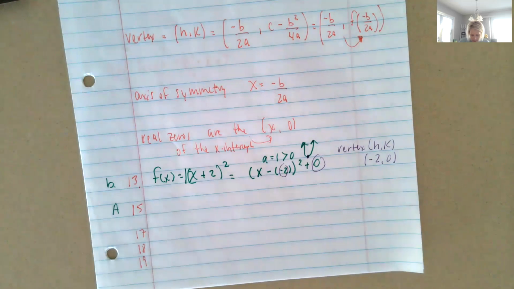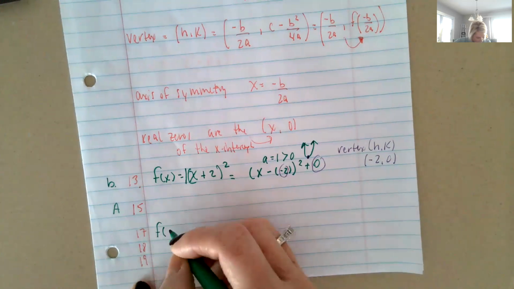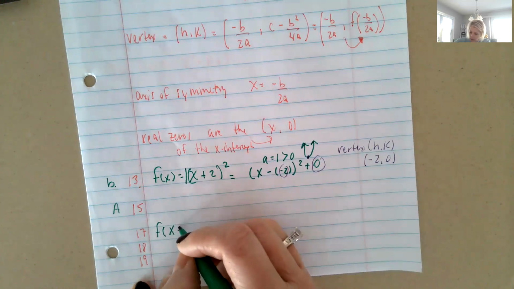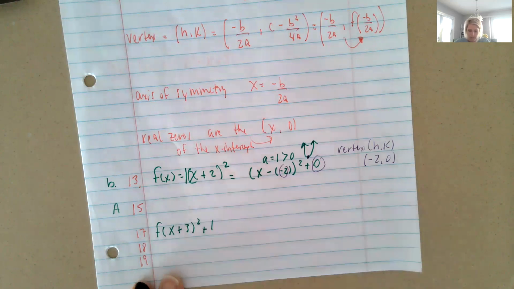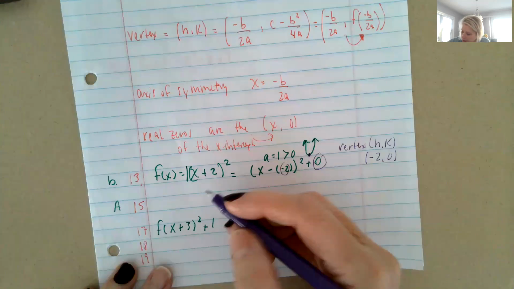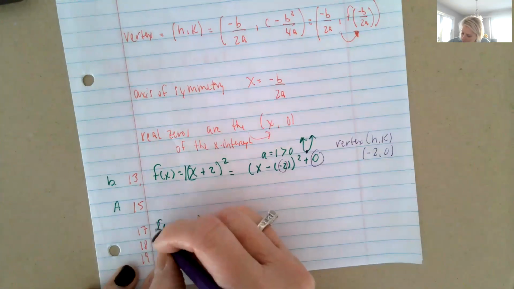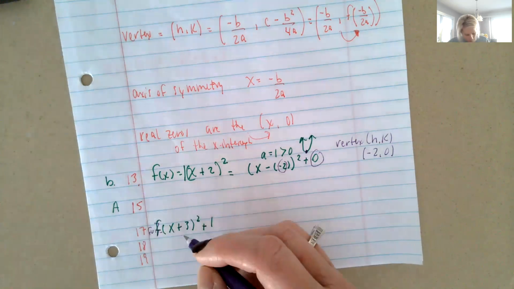And then let's look at 17. So I'm going to write 17 down because it's a symbolic form. So 17 says f of x equals x plus 3 squared plus 1. So, oops. It's f of x, that's the function, x plus 3 squared.